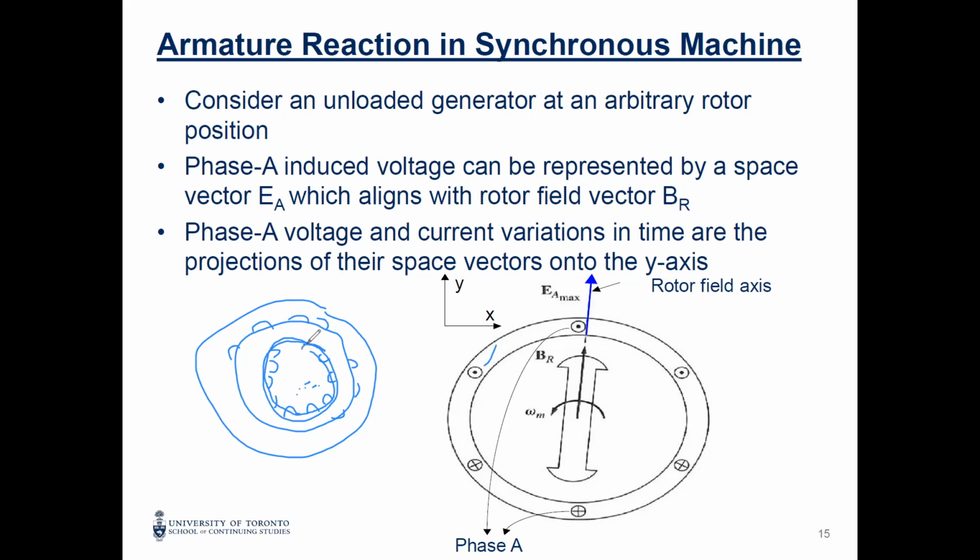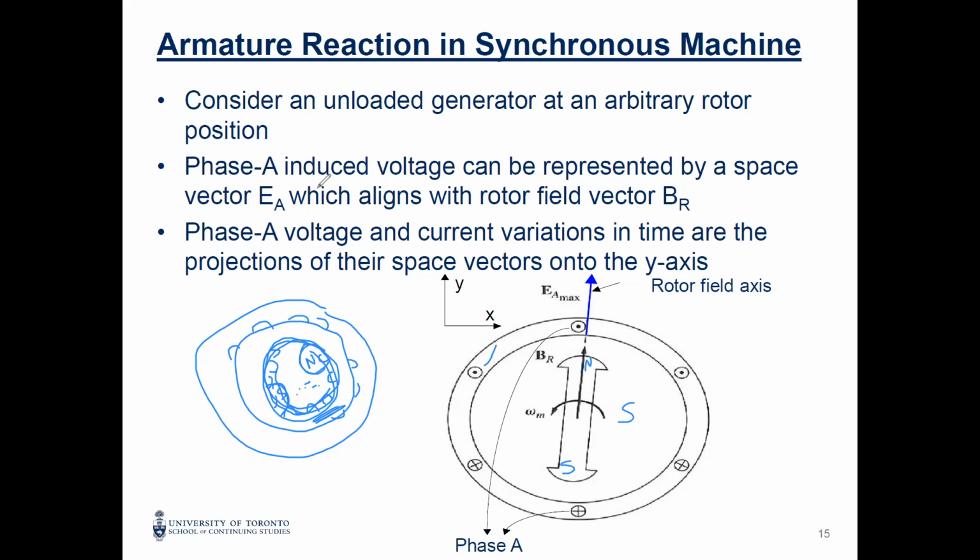You cannot see the poles, but they have some poles here, like N and S and so on. For the cylindrical, the poles are inside, and you cannot differentiate where they are. This one is salient, this one is non-salient or cylindrical. We have one theory question regarding this.